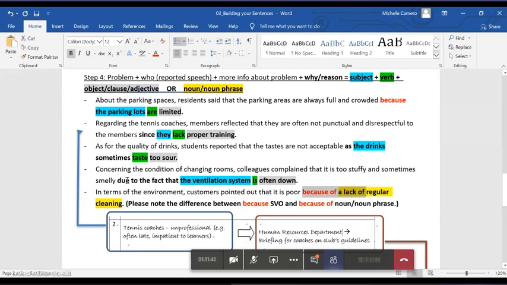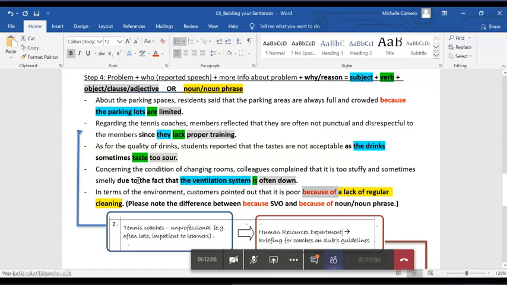Now, notice this one, due to the fact that. Some students will use the phrase due to the fact that. Some students like to use the phrase due to. Okay. If you use due to the fact that, because of this word that, you're going to need SVO after it. But let's say you just use the word due to. Due to does the same kind of job as because of.